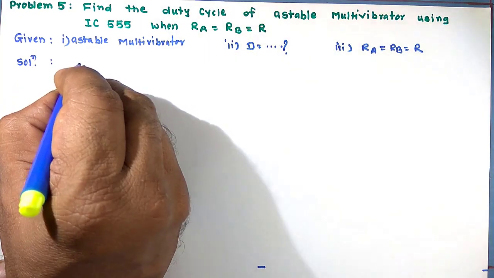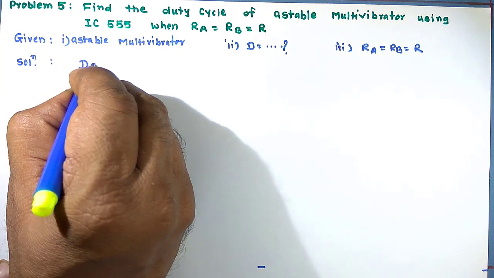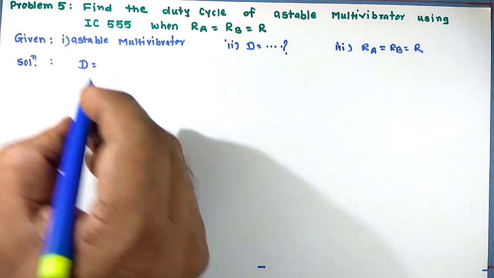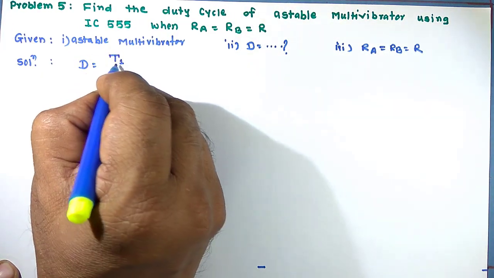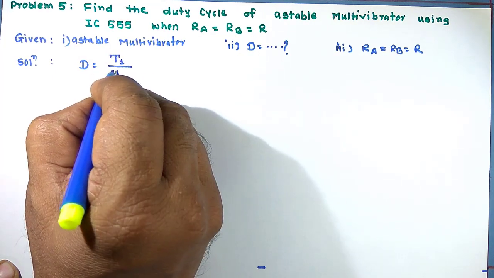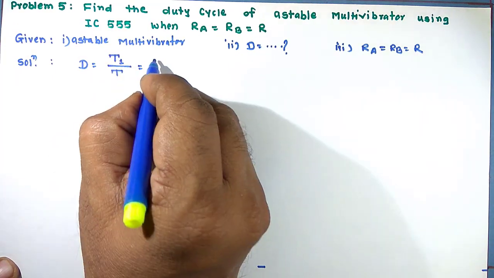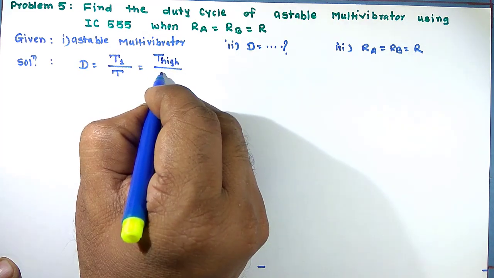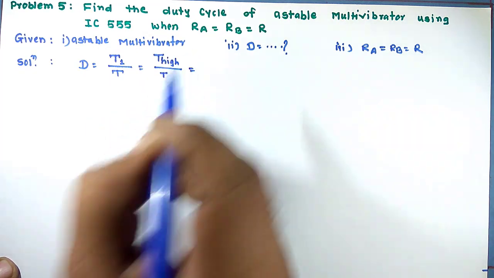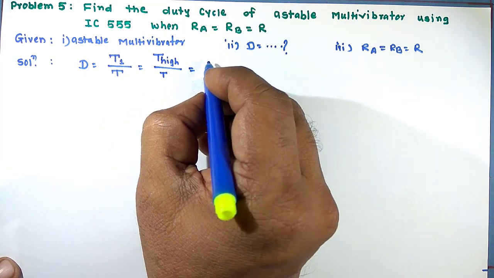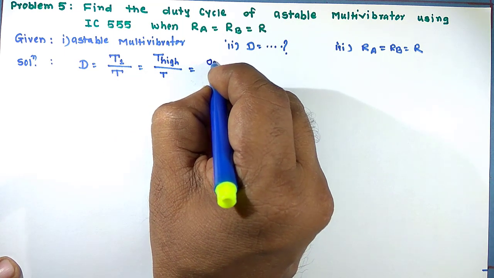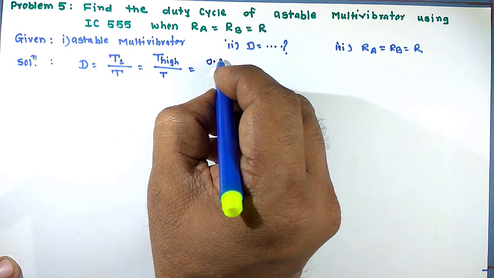Now duty cycle D is nothing but the time of charging of the capacitor divided by total time T, or it is T high divided by total time T. Now we know that capacitor charges through both the resistors.